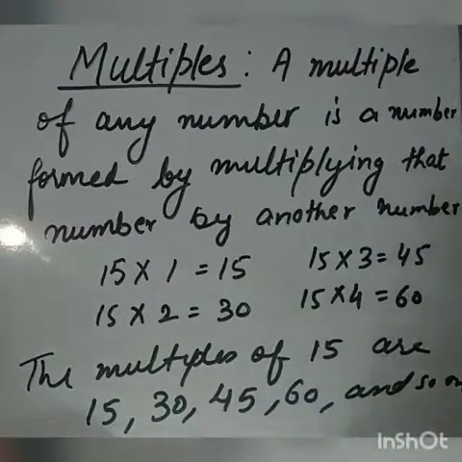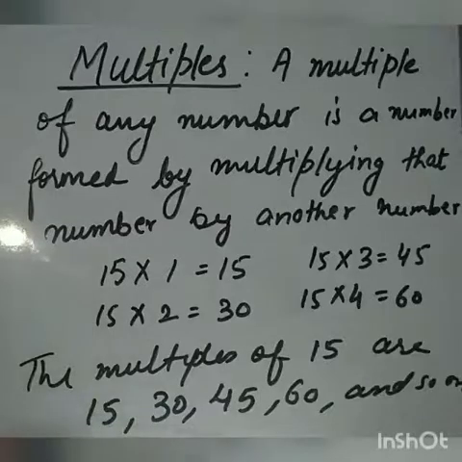Based on this example, you can also learn some quick facts of multiples. Number 1, every number is a multiple of 1. Number 2, every number is a multiple of itself. 15 is a multiple of itself.